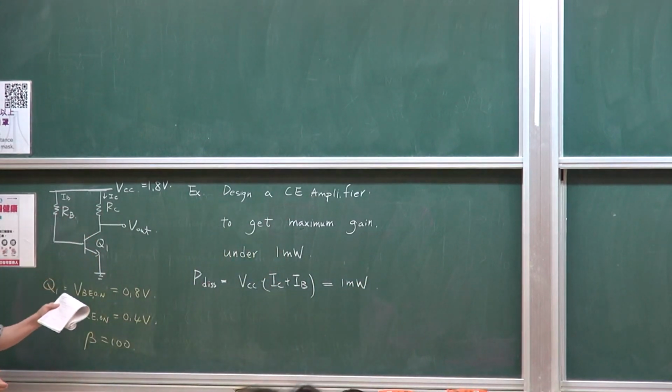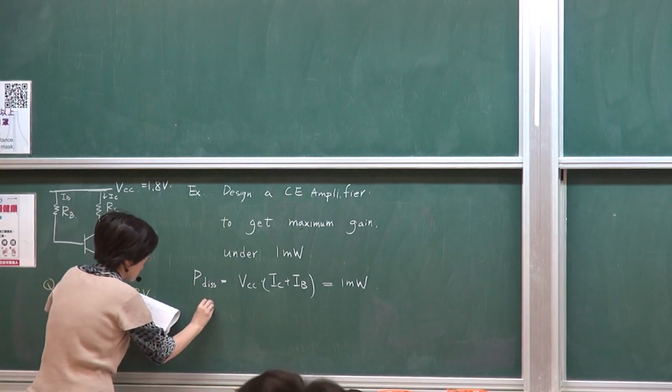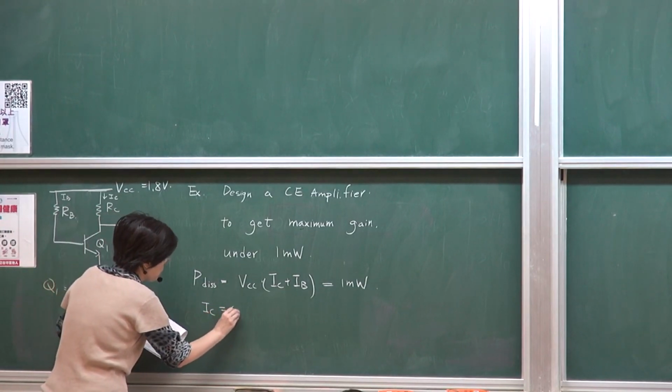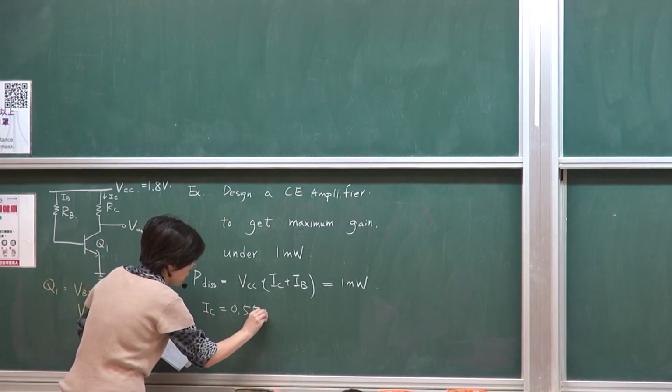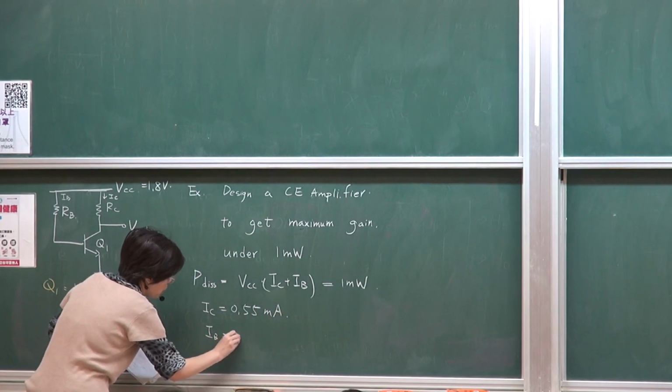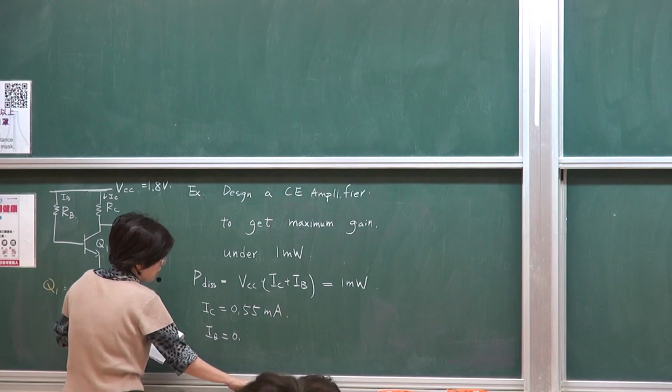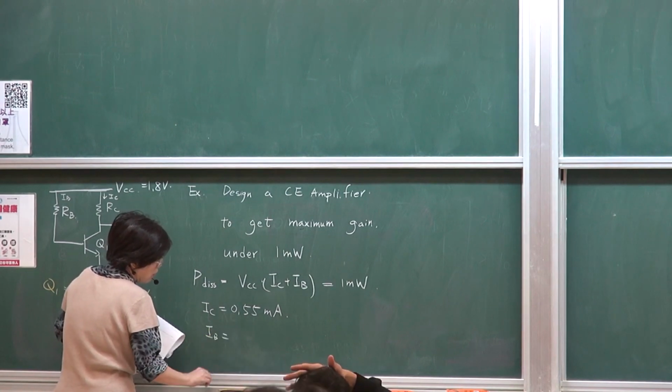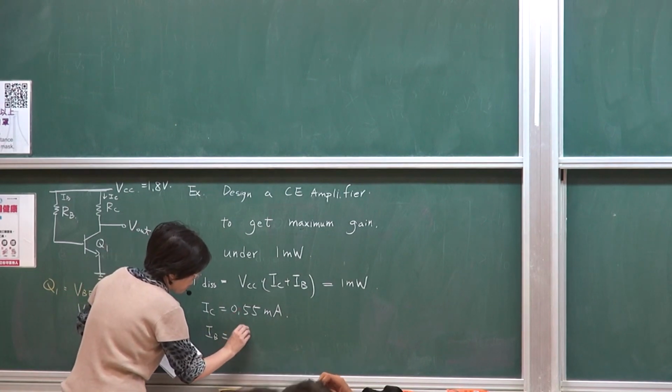Okay? So we can get our current. IC will be approximately 0.55 milliamp, where IB will be, let's just say, 5.5.